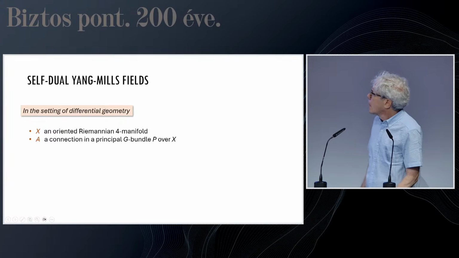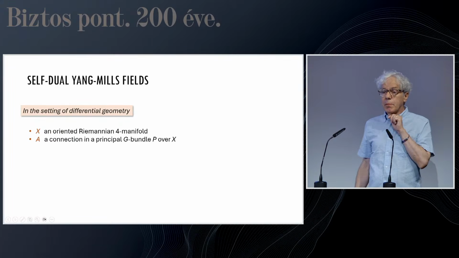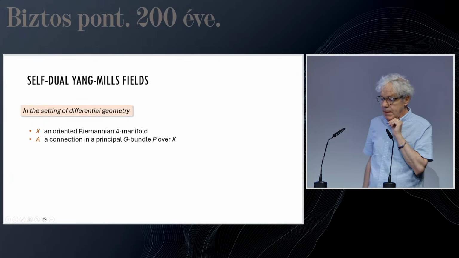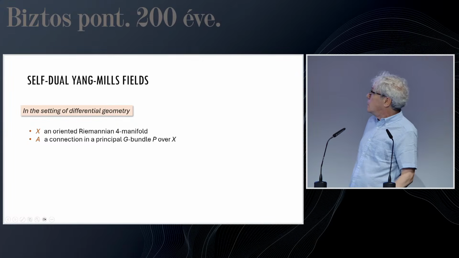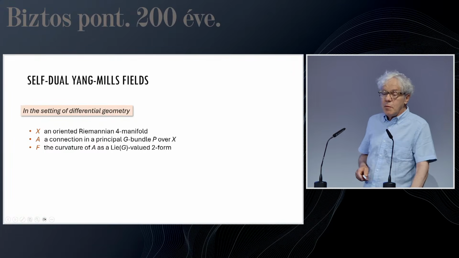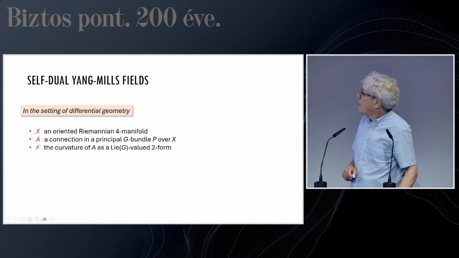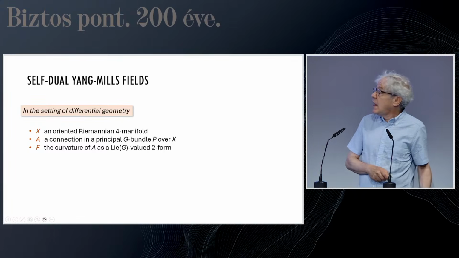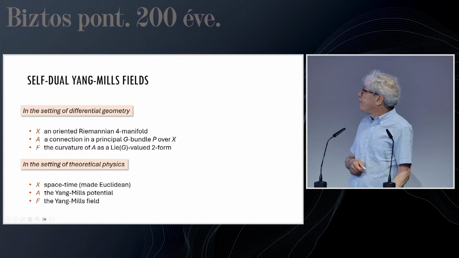The other ingredient is a principal bundle with structure group, some Lie group G, over this four-manifold X, and G will be the simplest Lie group nearly all the time, the group SU2 for us. On the bundle, we want a connection, which I'll denote by A, and its curvature, which is F. Locally, A is a one-form, and F is a two-form.